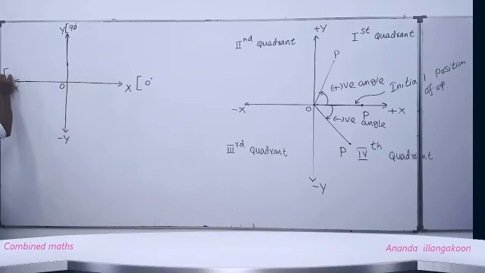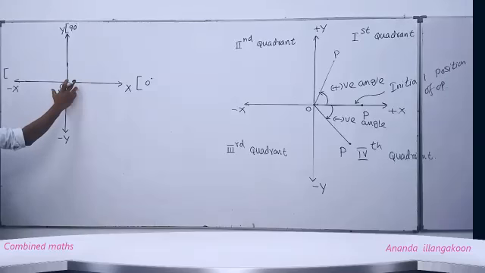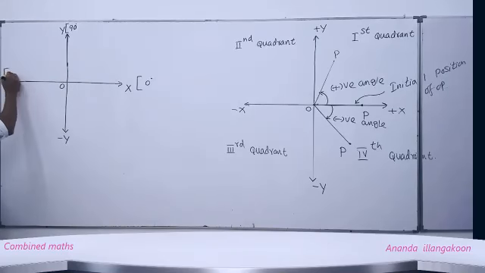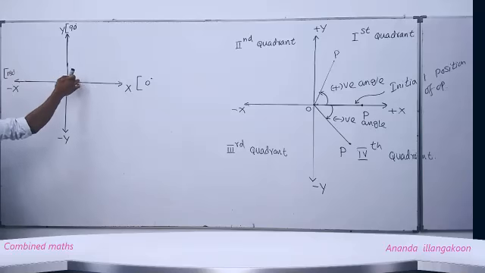People, what is the angle between OP and the positive x-axis? This angle is 180. Now OP comes to the negative y-axis. Then what is the whole angle? We said always we measure the angle starting from the positive x-axis.